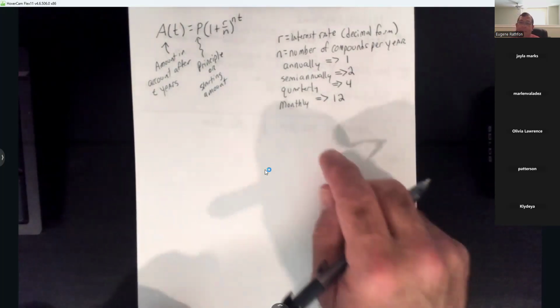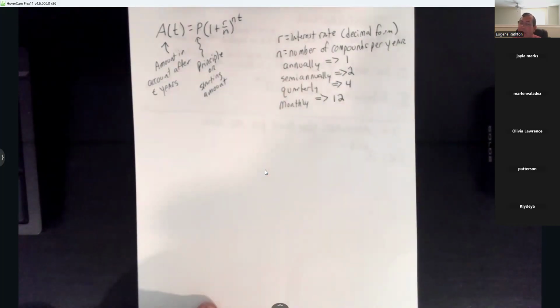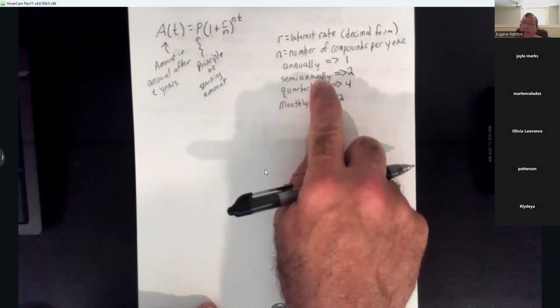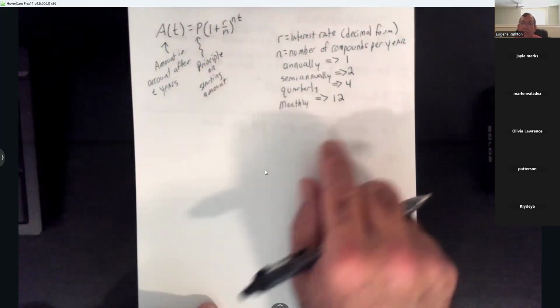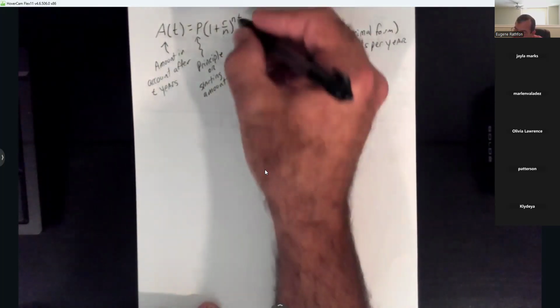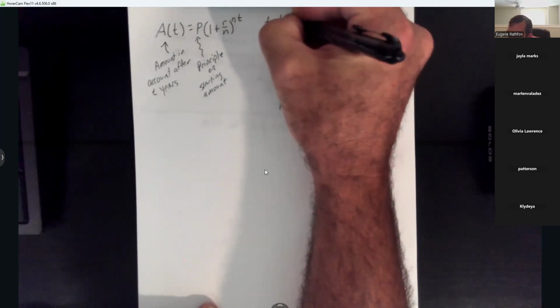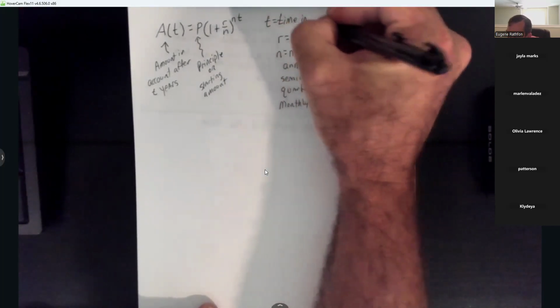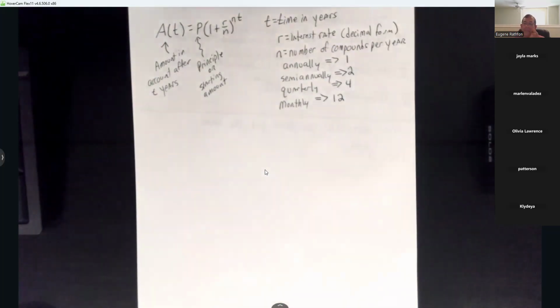Okay. But all these are the types of compounds. Annually, they would apply it once a year. Semi-annually, twice a year. Quarterly, 4 times a year, and so on. Okay. So that's what the N is. And then T up here, T is the time in years. Okay.